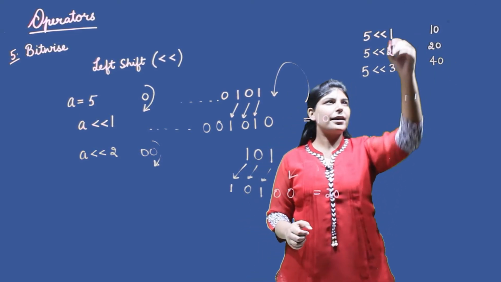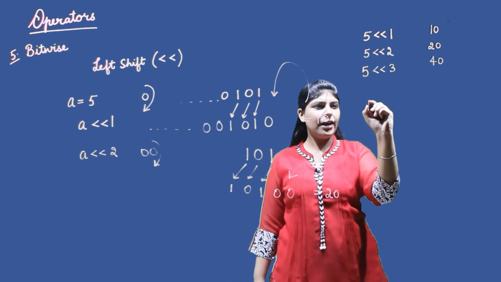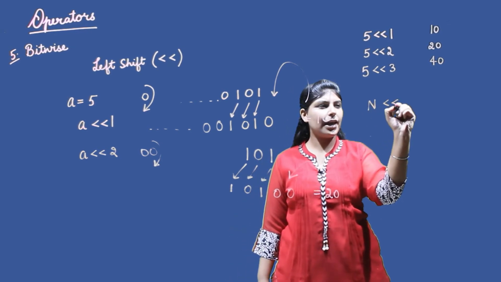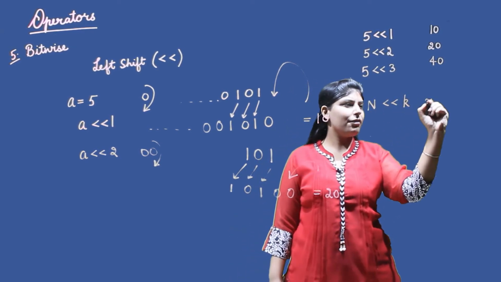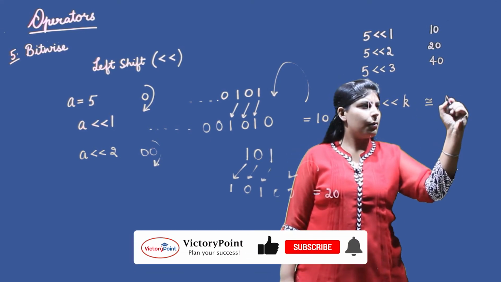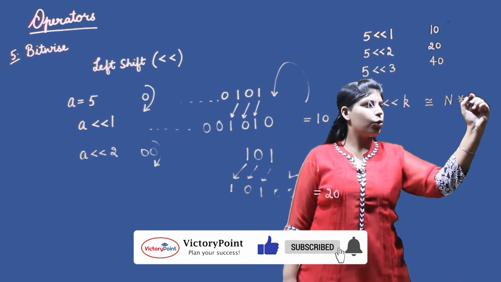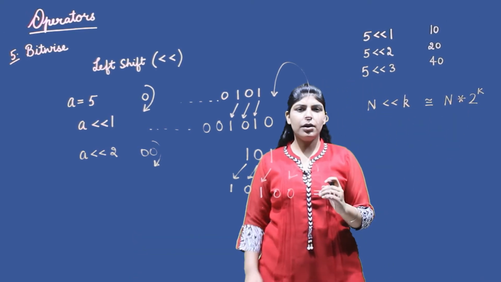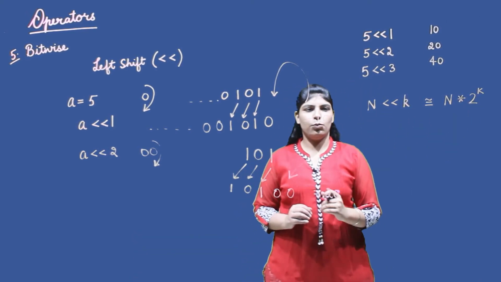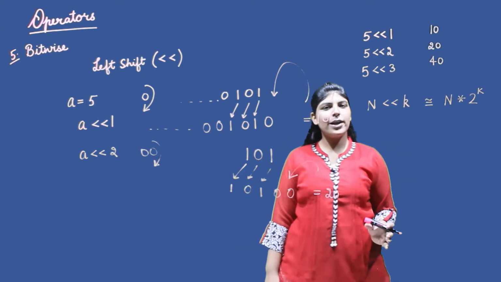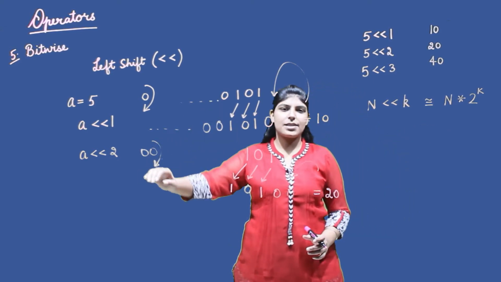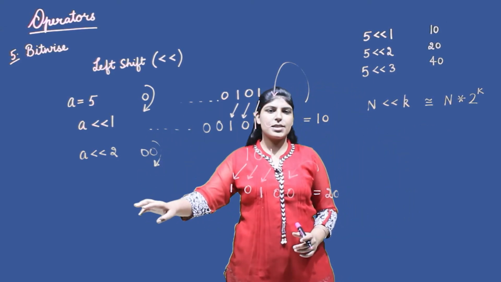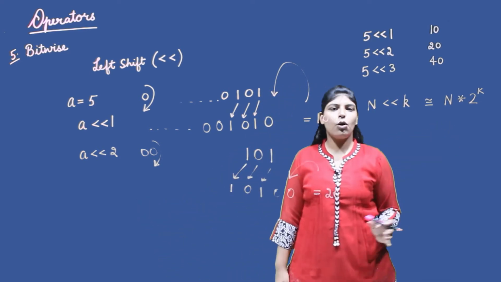So you can see a pattern here. If I have n and I left shift it by k bits, it is equivalent to n multiplied by 2 raised to power k. Every time I left shift a number, it is multiplied by 2. But this formula holds only in case the removed bits are 0. If the removed bits are 1, this formula no longer holds.